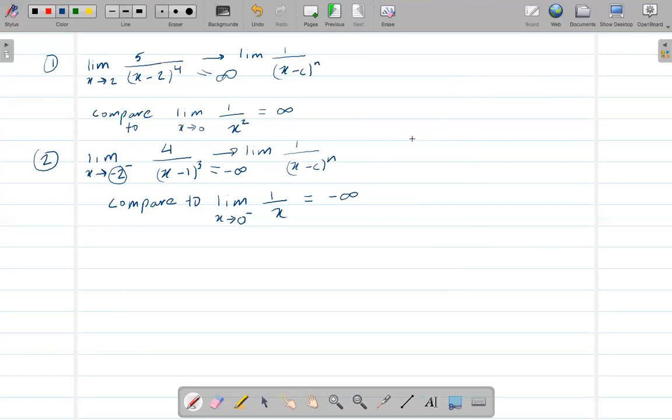So, let's say we have the limit as x goes to 2 of x minus 3 to the power 4.